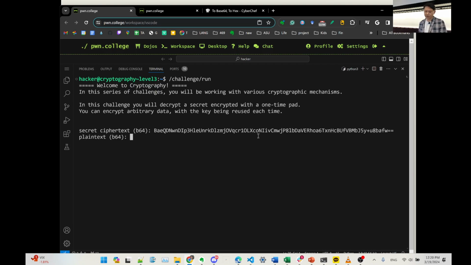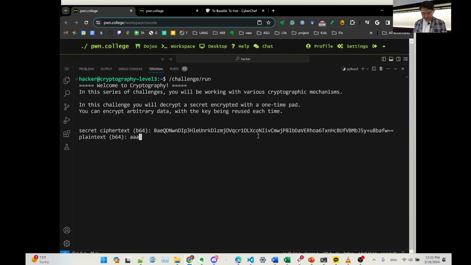So yeah, they just suggest this ciphertext. Okay, but we need to decrypt the secret key, so we can encrypt arbitrary data with the key being used each time.